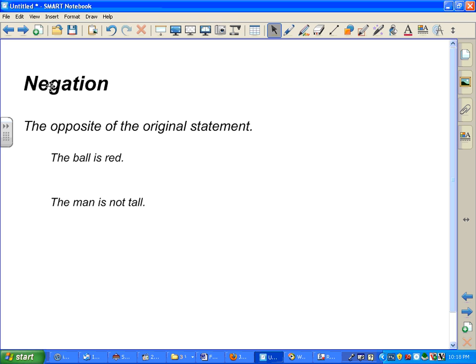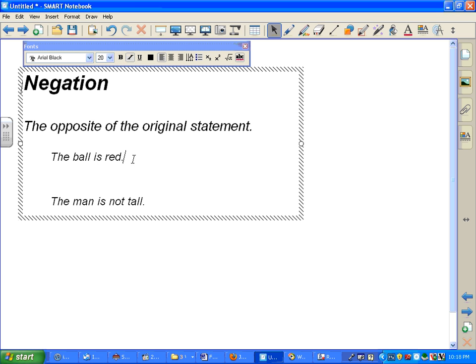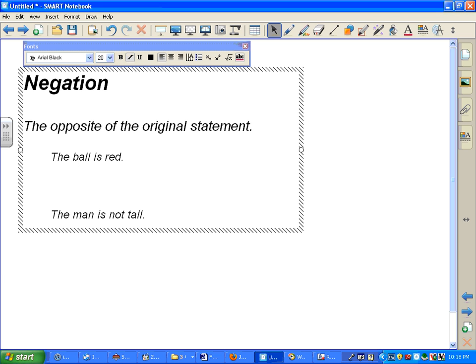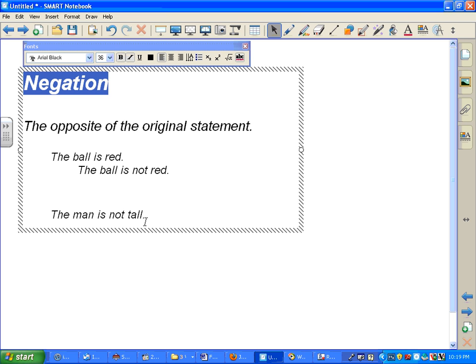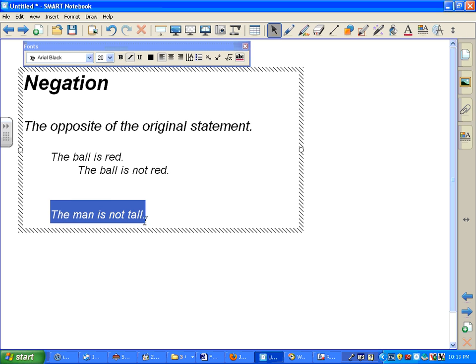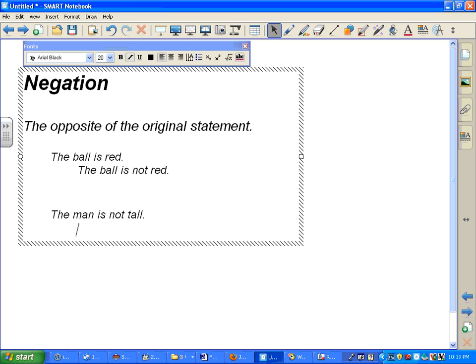Negation. Negation is the opposite of the original statement. If the original statement is the ball is red, the negation of this is the ball is not red. Now, if the statement is the man is not tall, the negation is the opposite of this, so that would be the man is tall.